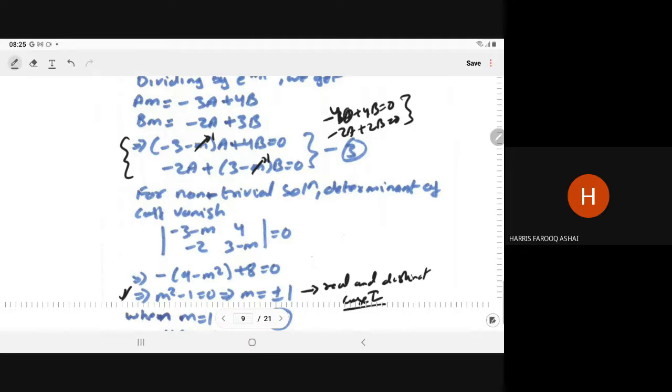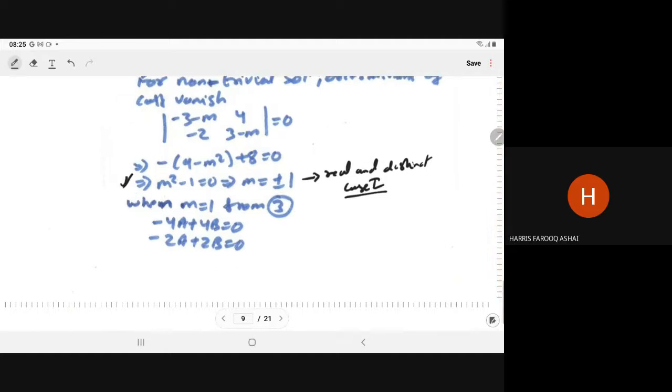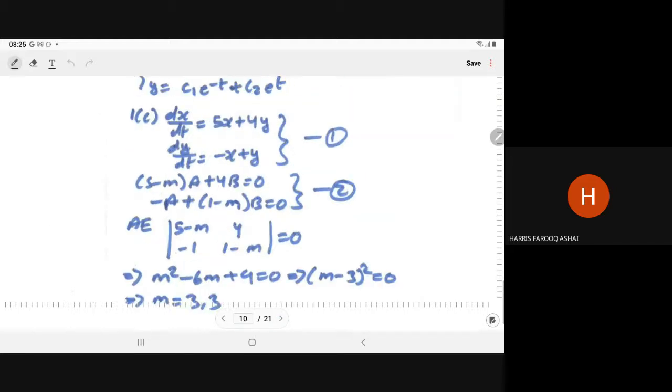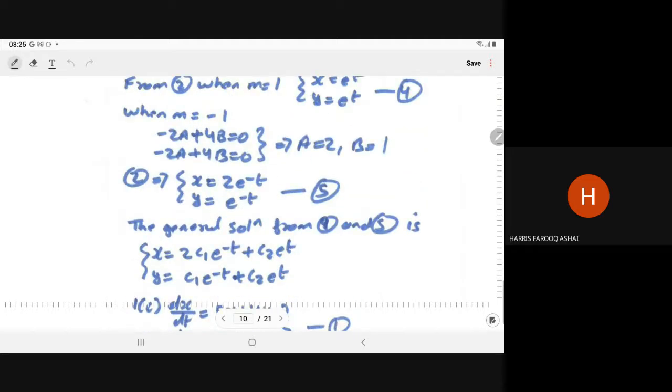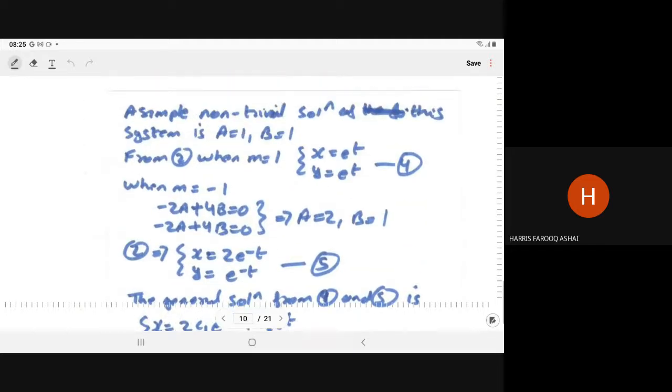If you take a = 1, automatically b will be 1. It satisfies both equations. We have infinitely many solutions, and you can take any one non-trivial value. A simple non-trivial solution for this system is a = 1, b = 1.